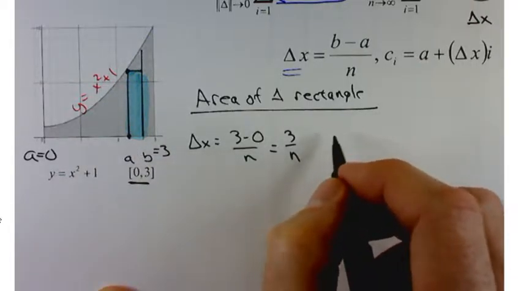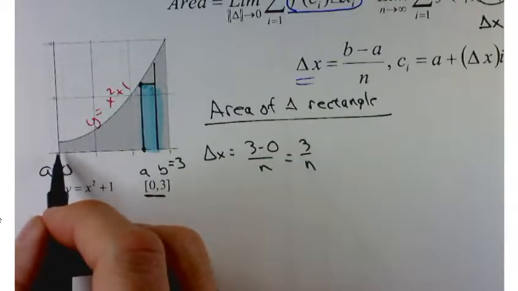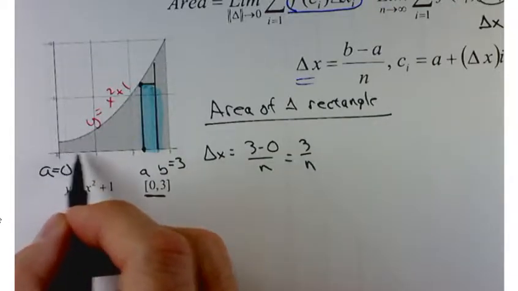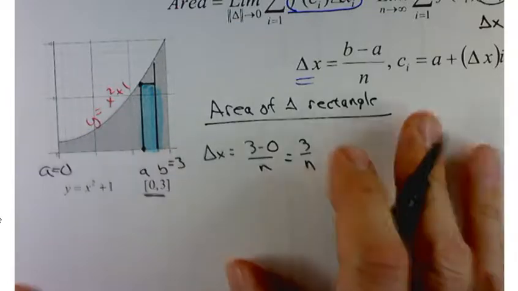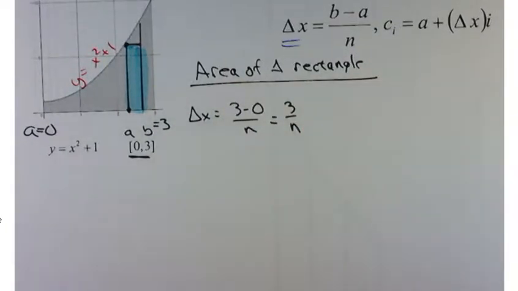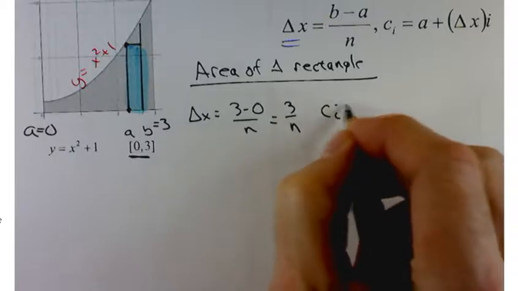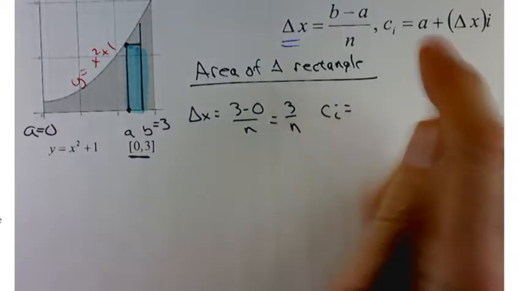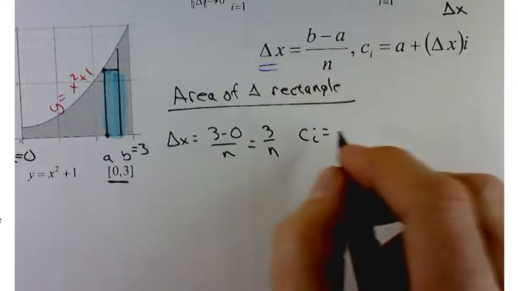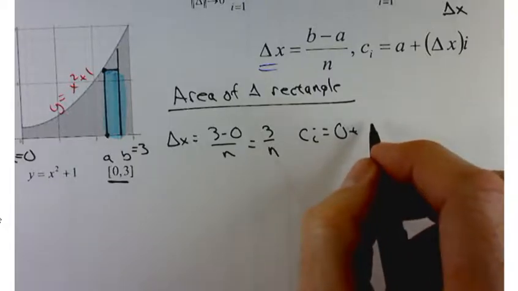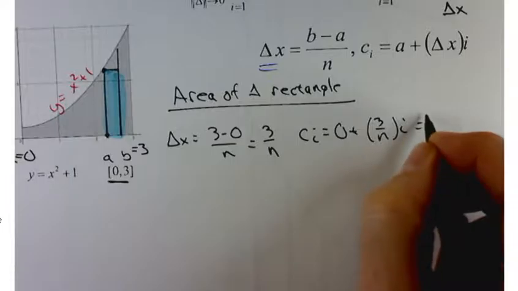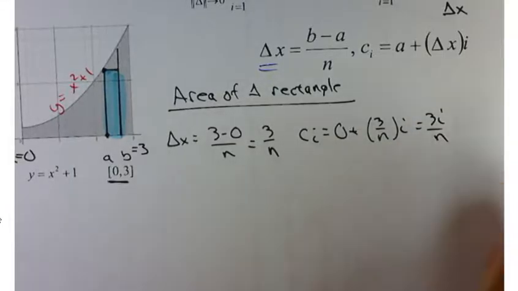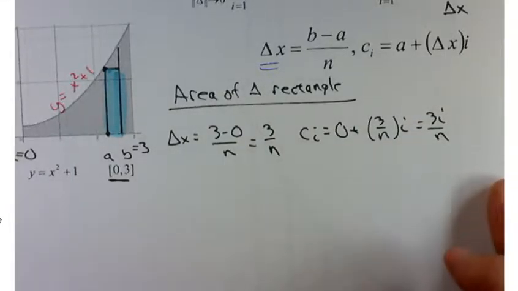The way to do that is to start with the left-hand endpoint and add delta x, delta x, delta x until you get to whatever particular interval you're working with. So we'll call it c sub i, which is going to be a, which is 0, plus delta x, 3 over n, times i. For convenience, I'm going to write it as 3i over n.